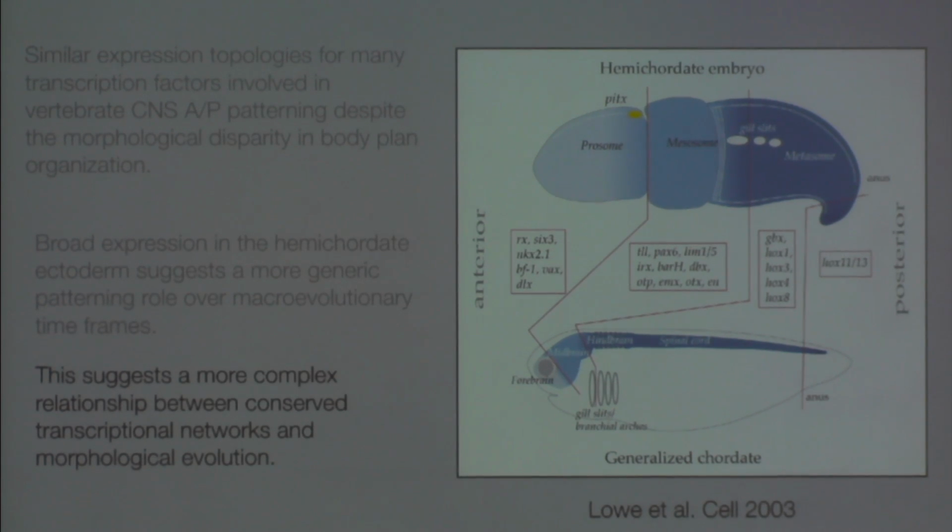So we've argued that this suggests a much more complex relationship with morphology over large evolutionary time frames, which makes it much more challenging to use these data sets for reconstructing specific morphological structures in ancestors. Given they have such a broad range of functions in different phyla, our ability to use them as proxies of morphology is very challenging. That's what we've argued anyway.